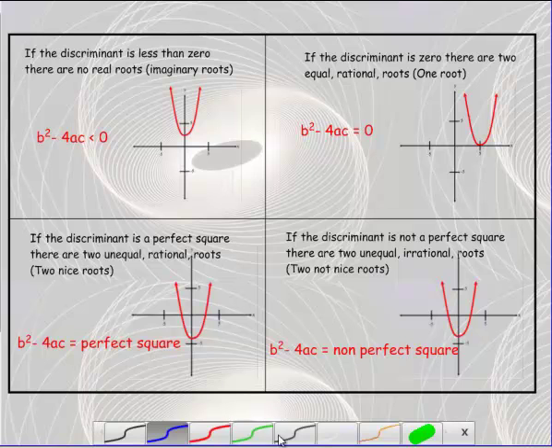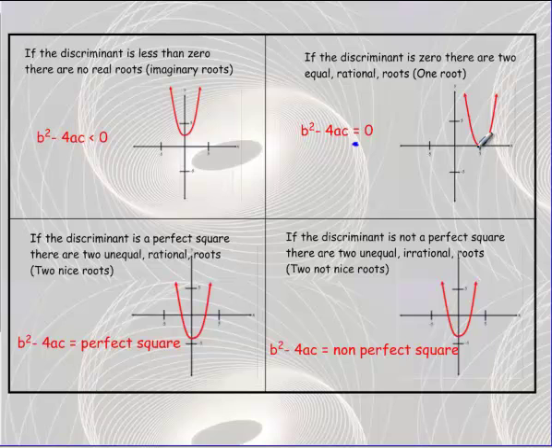If the discriminant equals 0, we're only going to have one root. If the discriminant is a perfect square, we're going to have two pretty roots, two rational roots. If the discriminant is not a perfect square, we're still going to have two roots. They're just going to cross at ugly, irrational places.